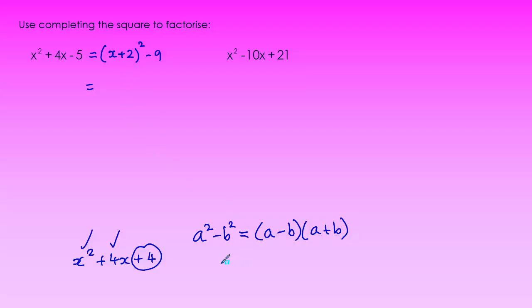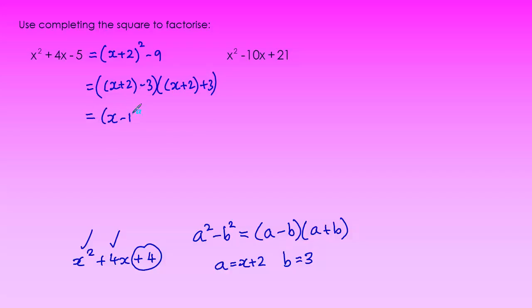And in this situation, the a is x plus 2, and the b is 3. So that's going to give me x plus 2 minus 3, and x plus 2 add 3. And then if we just tidy the bracket up, this one becomes x minus 1, and this bracket here becomes x plus 5. And we could re-expand that and show that we do get this.